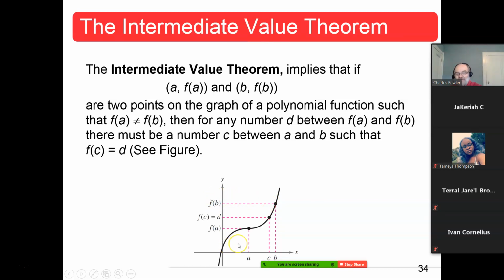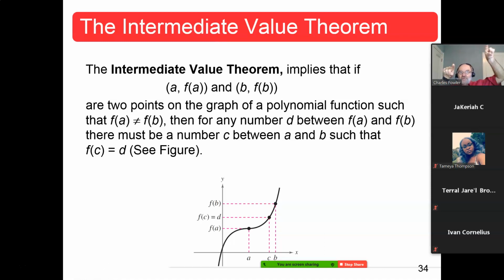In that interval anyway. Okay, well, pick some number D in between f of A and f of B, then there's got to be some number C that f of C is equal to D. Alphabet soup, right? That's all the intermediate value theorem is saying.